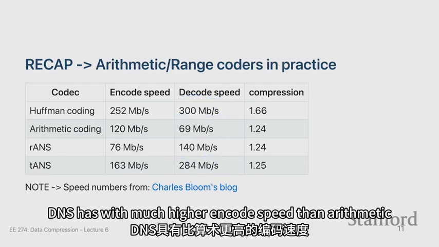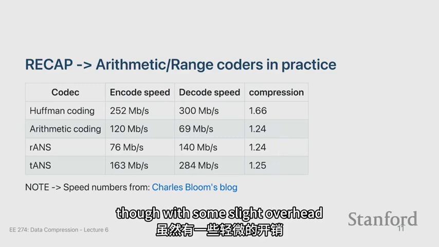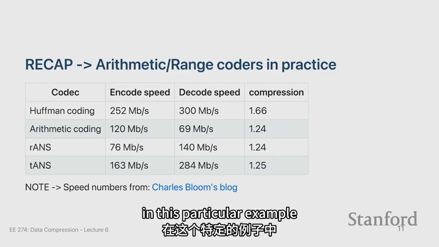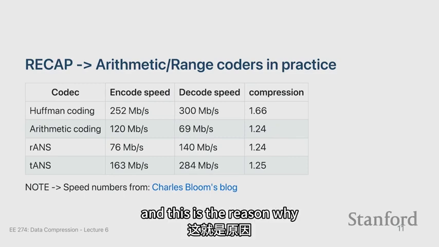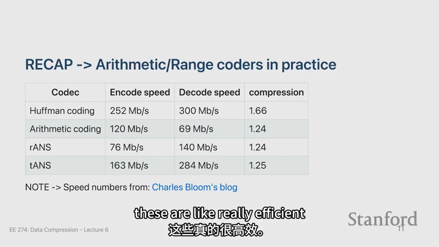TANS has much higher encode speed than arithmetic coding, while performing almost similarly, though with some slight overhead compared to arithmetic coding in this particular example. This is the reason why we want to study these codes: they are really efficient.